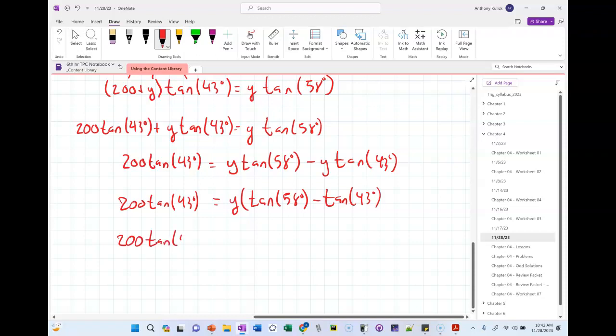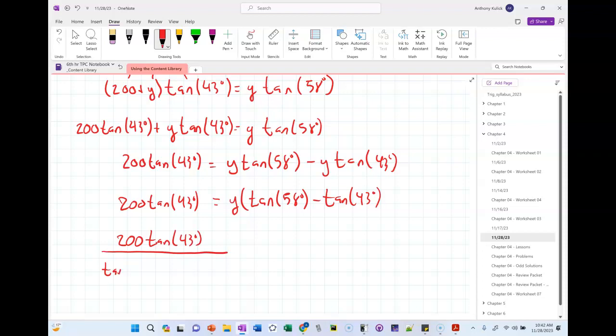And that will get the y by itself. Notice in the previous step, by factoring that greatest common factor of y, I changed the equation from having two y's in different locations to having one y in just a single location.